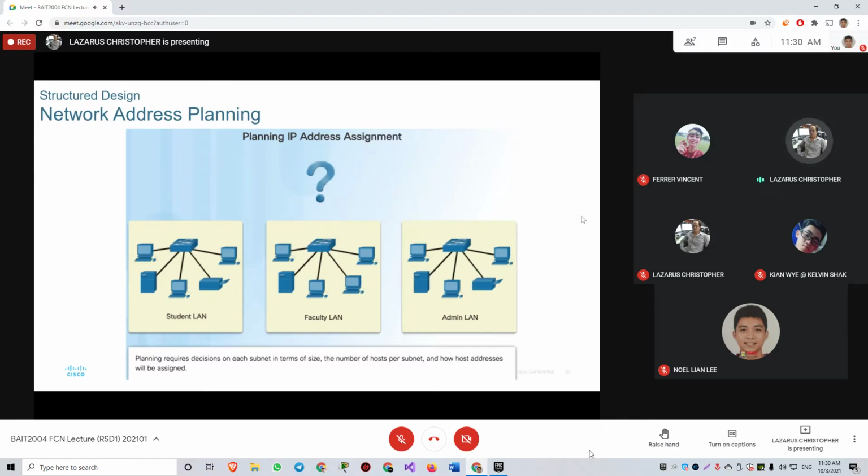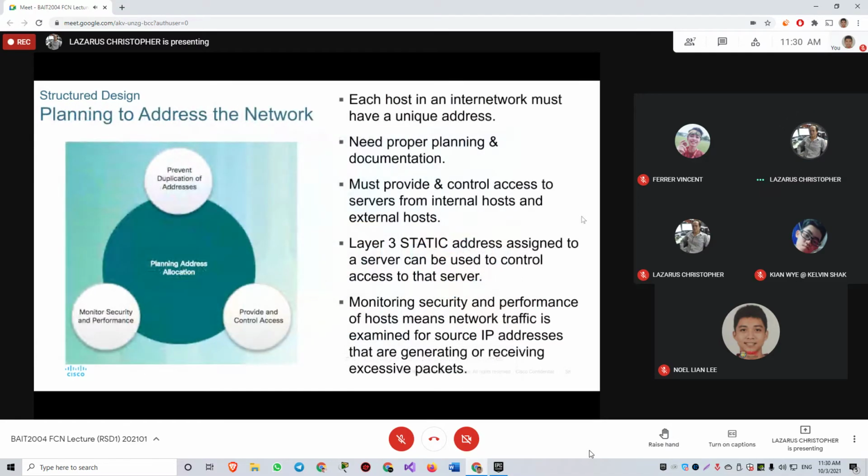Pick a range for these important network services, and then the other range you give to the hosts. This is how host addresses will be assigned. Planning to address the network.